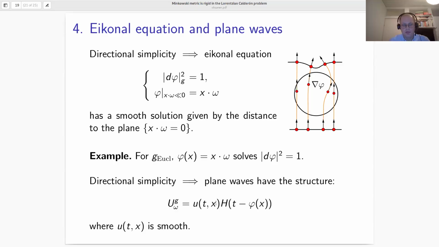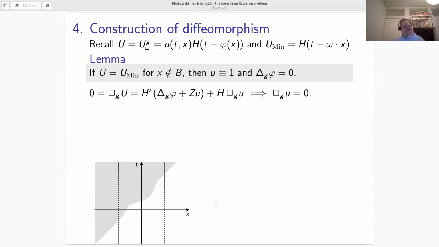That was fairly simple. Now I want to show that the distorted plane waves having this form actually allows me to construct a diffeomorphism, and that will then be the diffeomorphism in the statement of the theorem. The first thing is to show that the smooth factor U that came from the previous argument is actually identically 1.